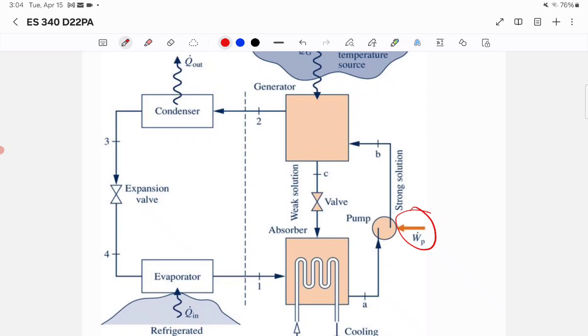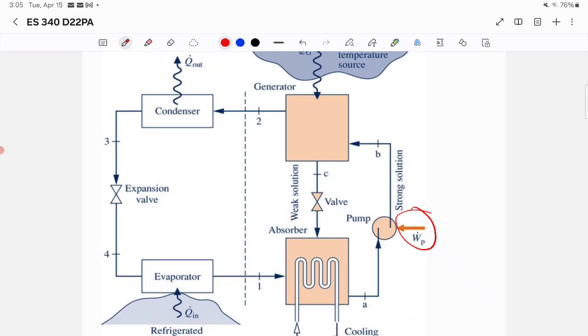And what happens in place of that is there is a second type of fluid. So there's one refrigerant, right? Typically something like, say, ammonia, and there's another working fluid, in this case for the absorption refrigeration, that works as the absorbent.